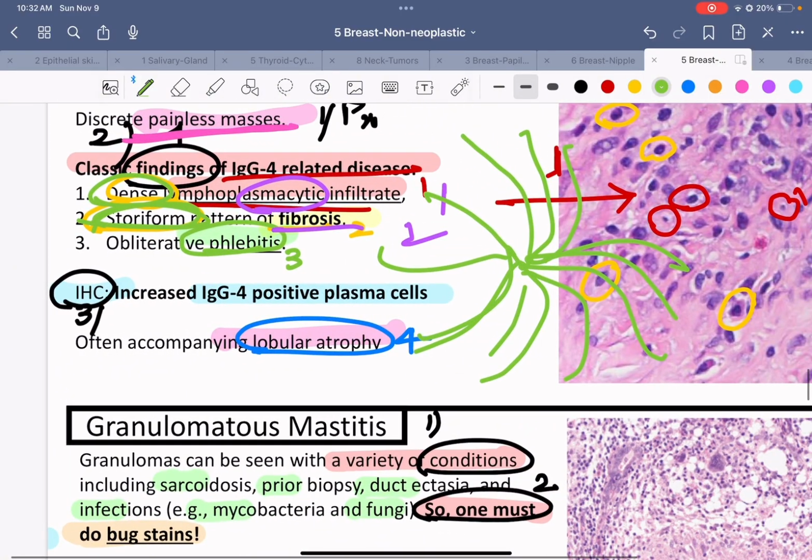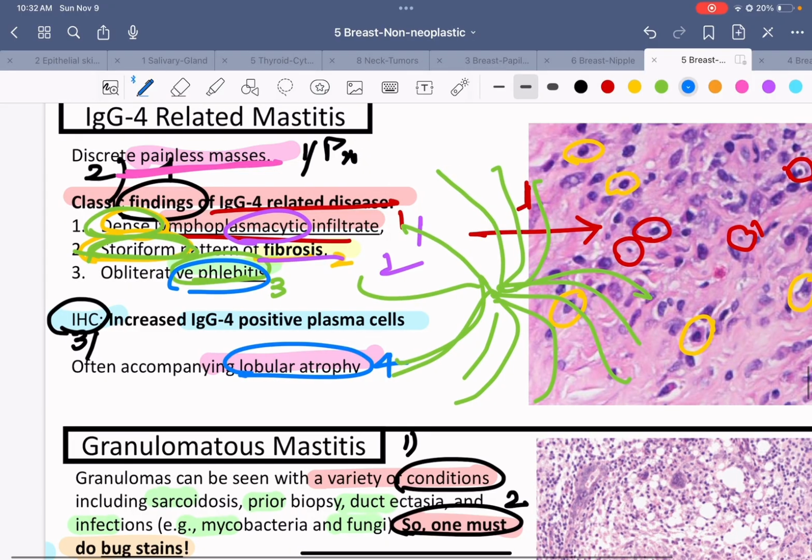And there are some other things which you can additionally find in IgG4 mastitis, because the disease is basically originating within the blood, in the IgG cells, right? So therefore the vessels or the veins will also have inflammation, and they can develop obliterative phlebitis, where the vascular lumen will be obliterated and the vessels become inflamed with lymphocytes as well.